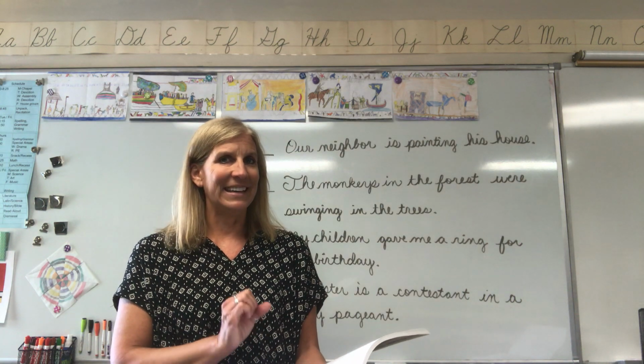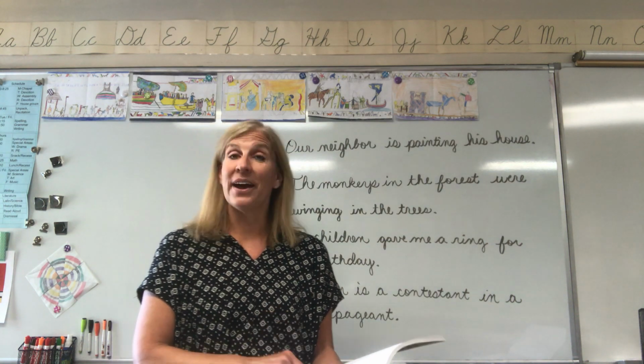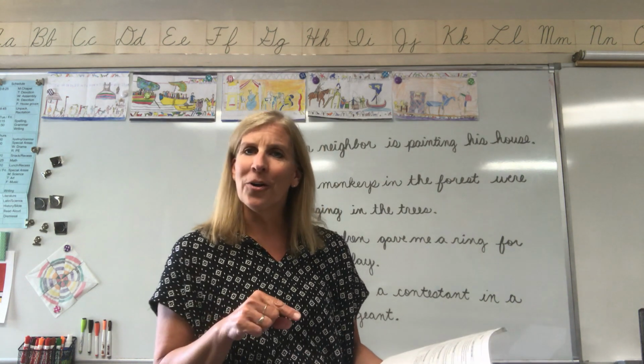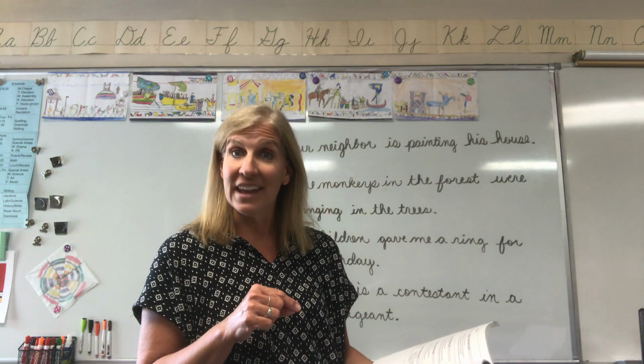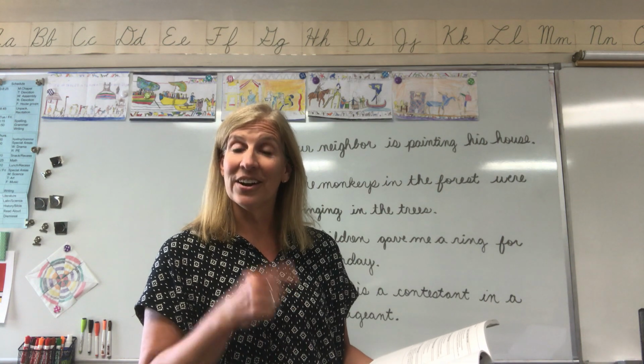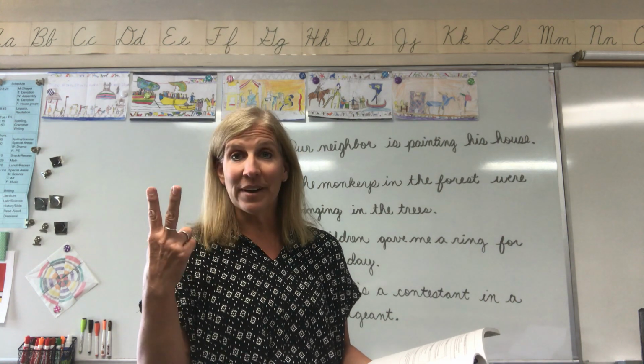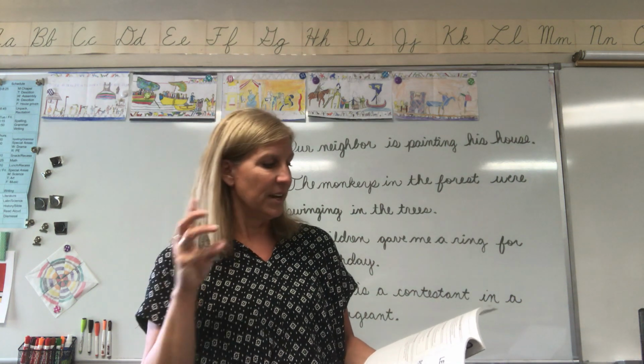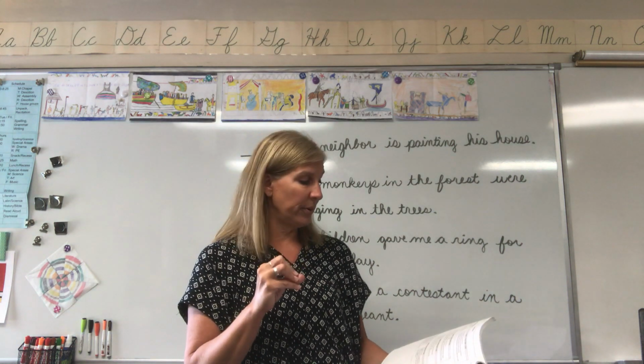The predicate noun jingle. A predicate noun is a noun or a pronoun. Have you noticed that all 3 of these jobs are noun jobs? They are direct object, indirect object, and predicate noun. These are all noun jobs, so they all can be a noun or a pronoun.